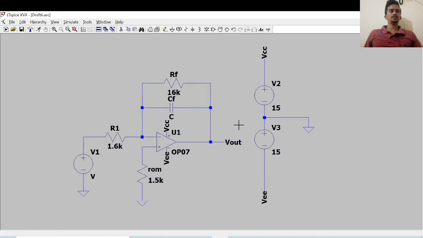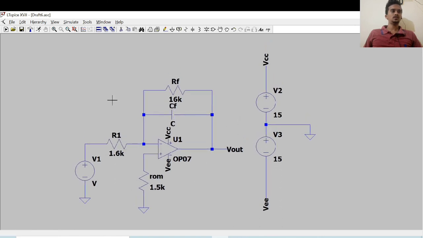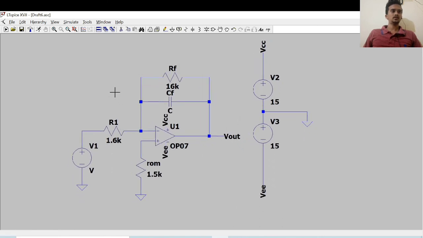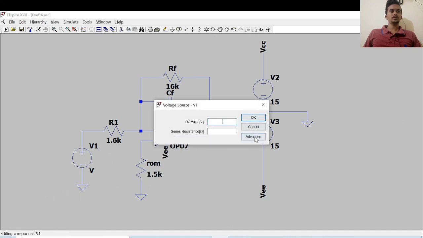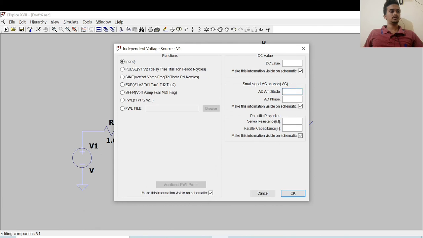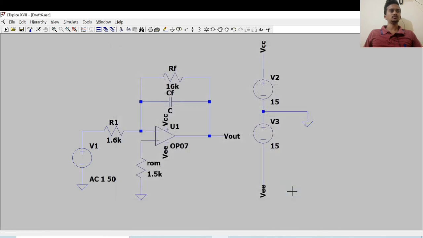Now we'll verify it. I think the circuit is right. So let's see the response. We'll provide an AC of 2 volts peak to peak and a 50 hertz frequency. All the things are ready.